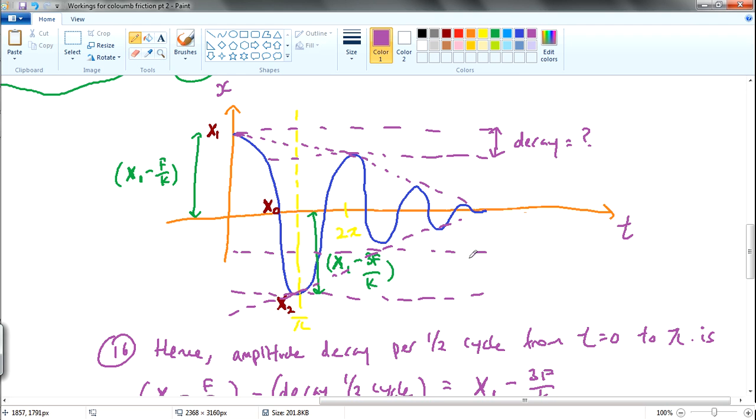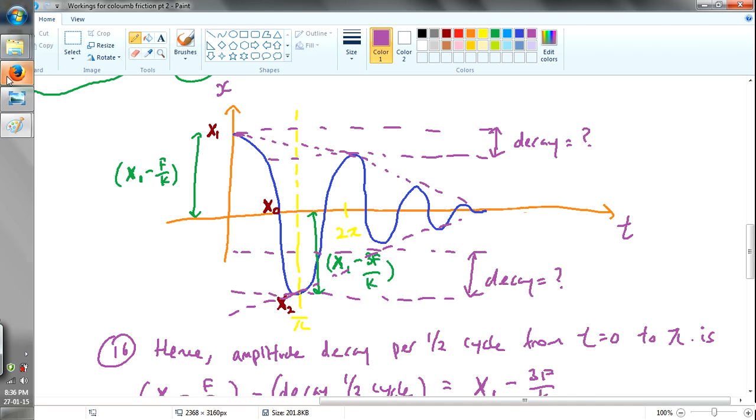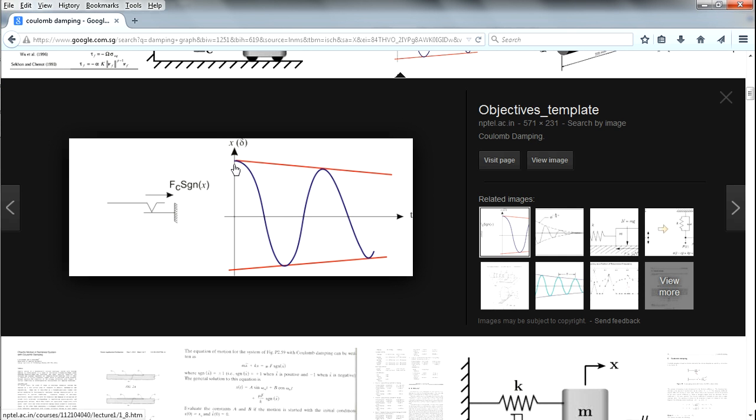If you look at the graph properly, there is a slight difference from this point to this point, and also from this point to this point. So the decay we're talking about is this decay and this decay over here.